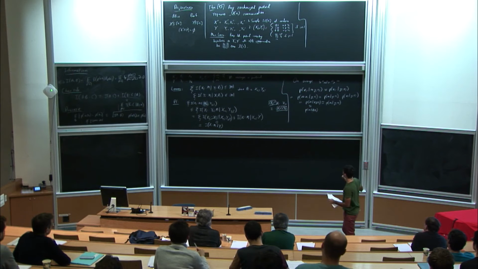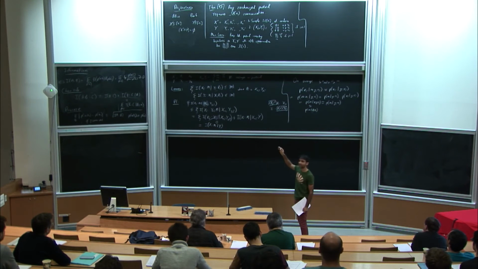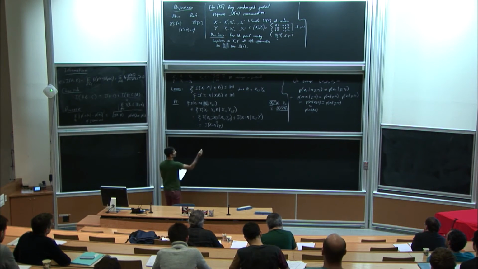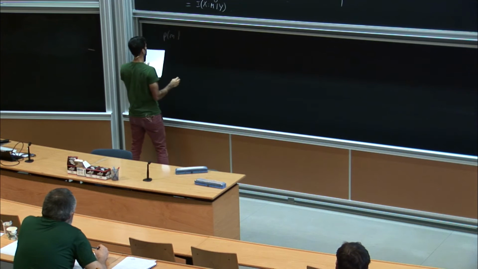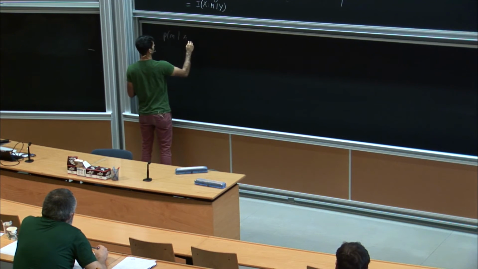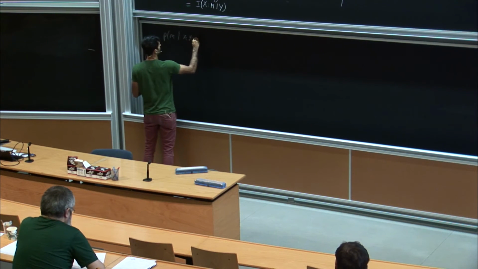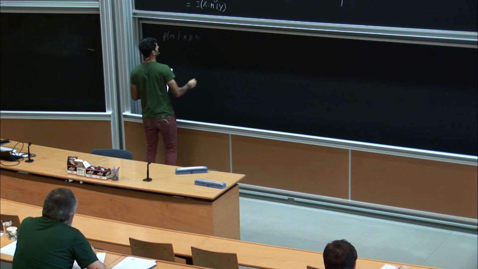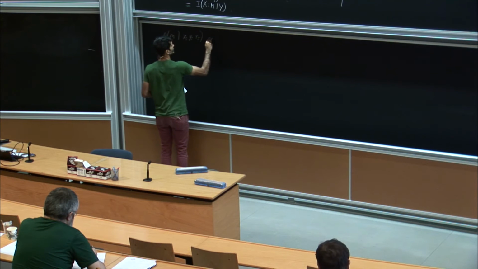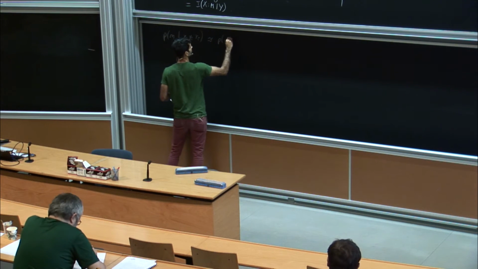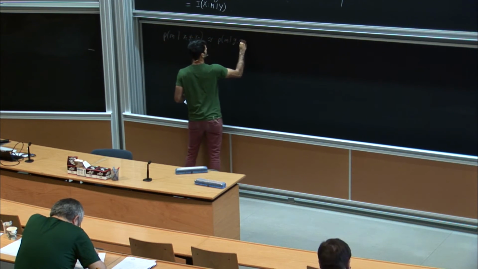But X and Y are very close to X prime, Y prime, and that's what we'll use next. So that last line means that if you look at the distribution of M given Xi, Yi, Ri, it's the same as the distribution of M given Yi, Ri.